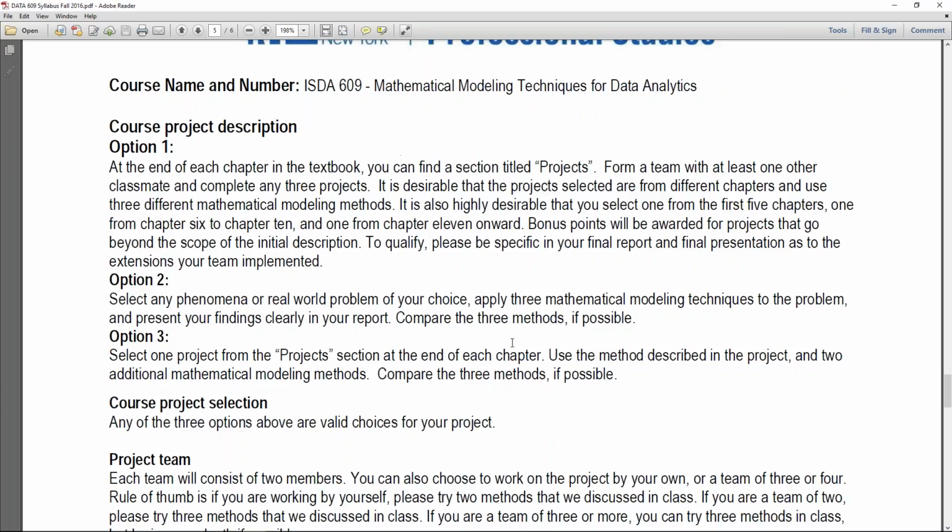That's the difference between option one and option three. In option one, you have three different problems using three different methods, but option three is one problem using three different methods. That's the difference among all of them.